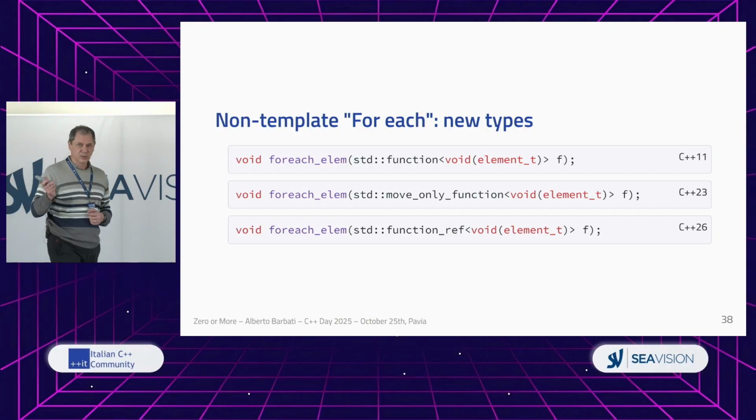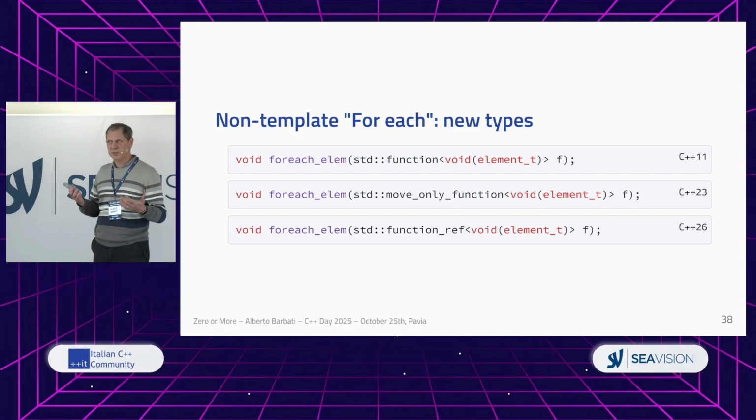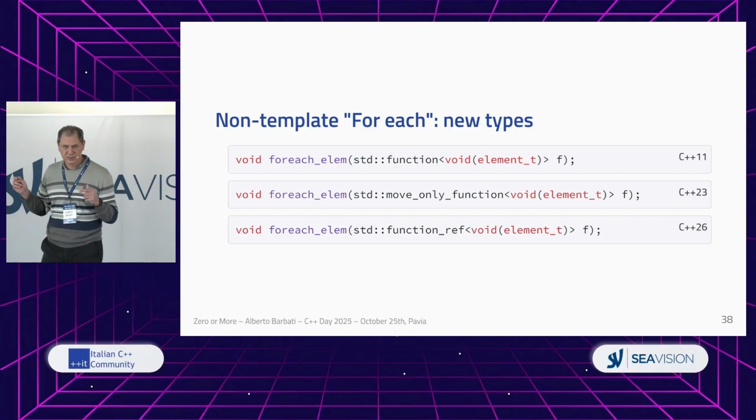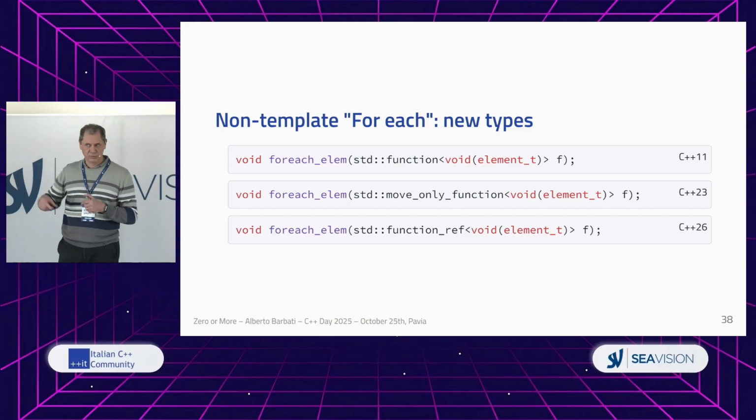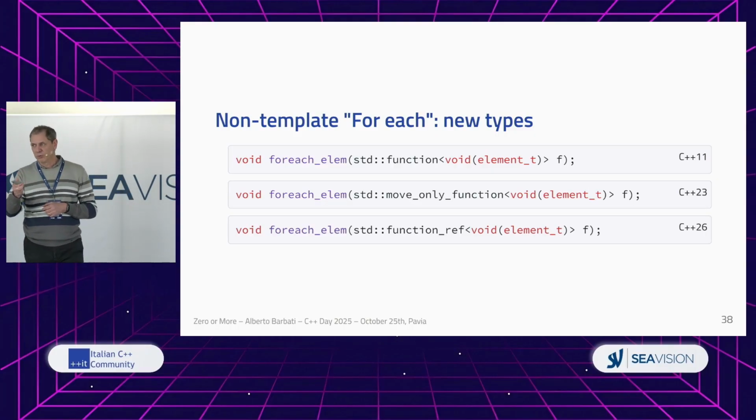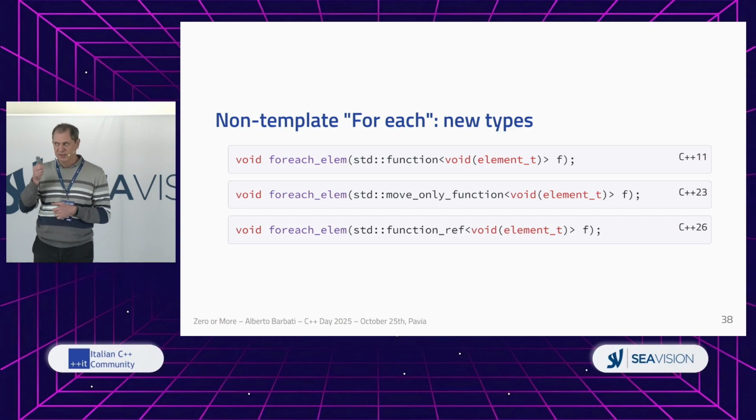A std::function is a regular type, so it has a default constructor, so you can have an empty std::function, one constructed by its default constructor. And what happens when you call the call operator on an empty std::function? Who knows this? Exception, yes.